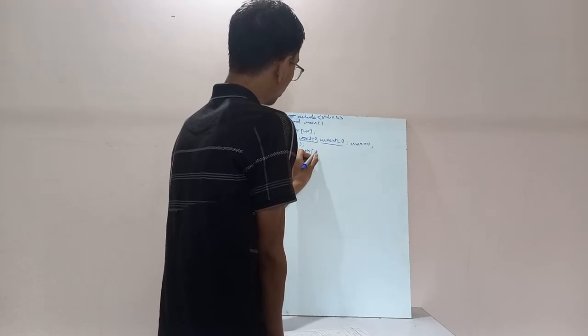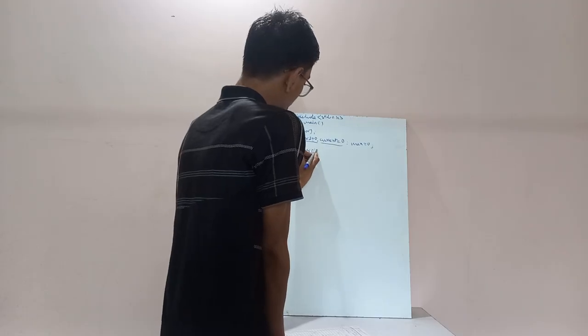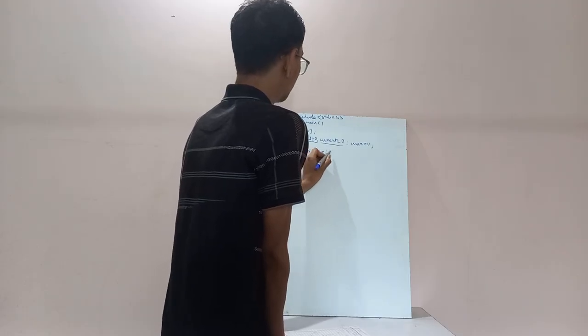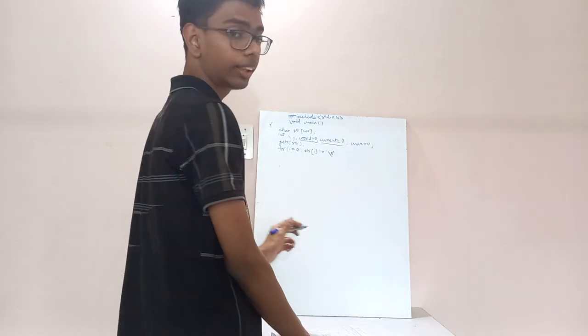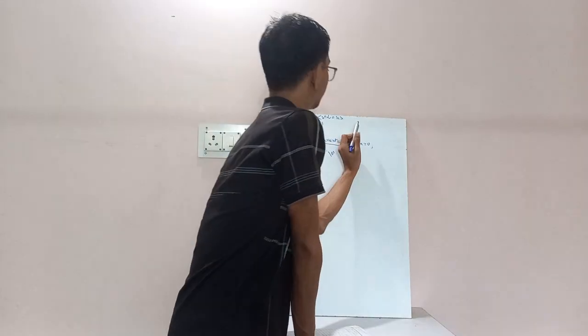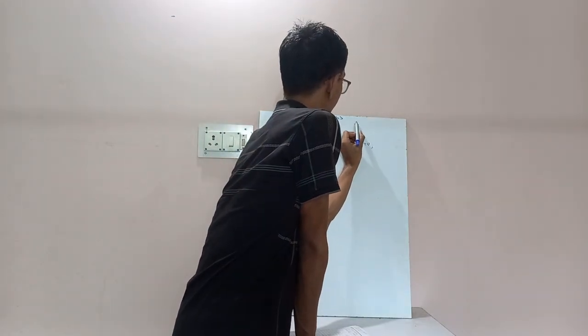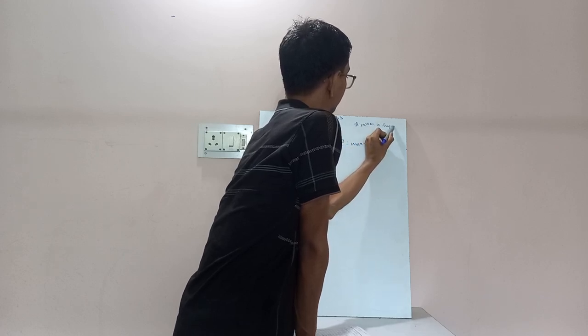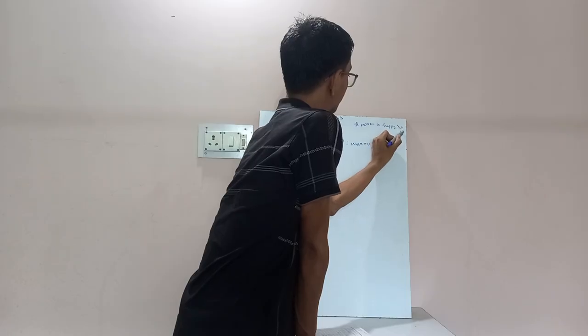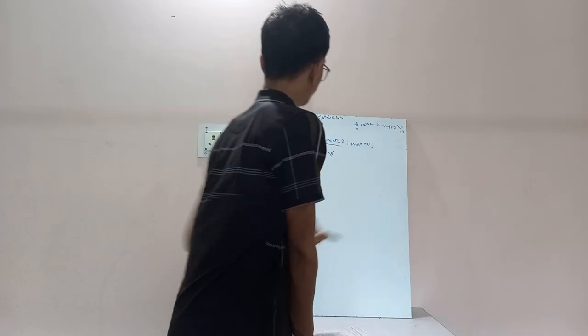Now I will run a for loop from 0 to the 17th index of that string. That is, person is happy, null. This was 17, this was 0.